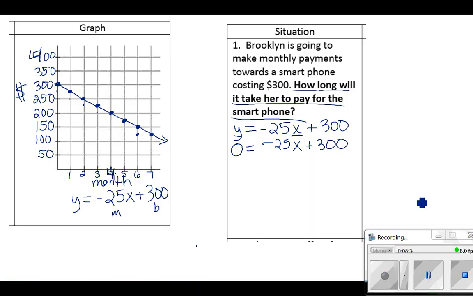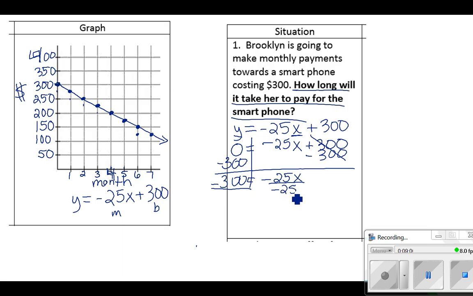So to start solving, we're going to subtract 300 from both sides. 0 minus 300 is negative 300 equals negative 25x. Negative 25 and x are connected together by multiplication. So that means we're going to divide both sides by the negative 25 to get that x isolated.